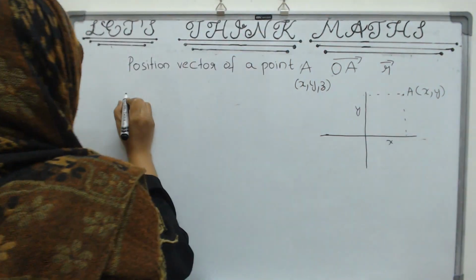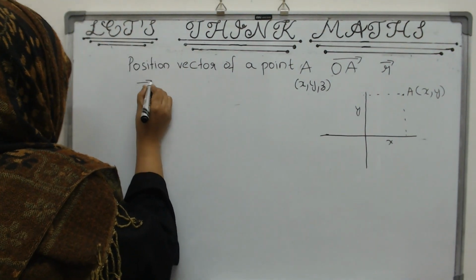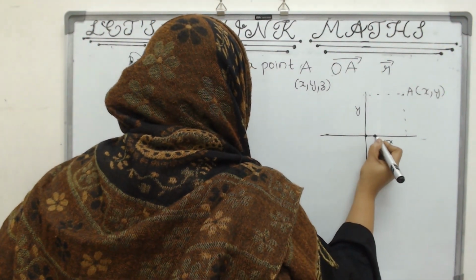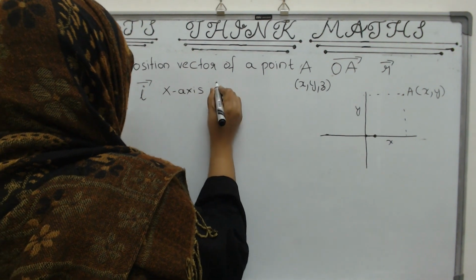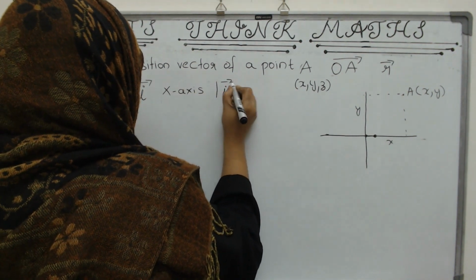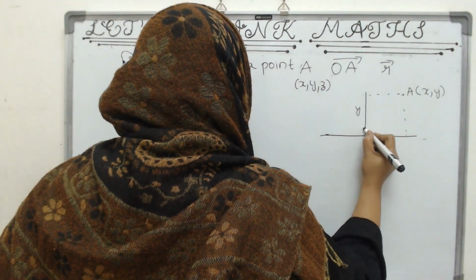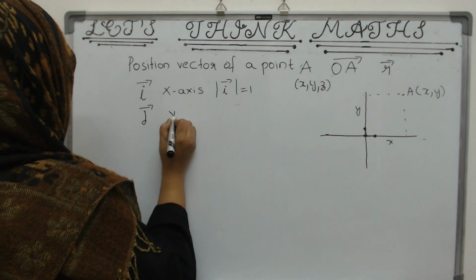So now, consider a unit vector i along the x-axis. It is a unit vector along the x-axis, which means its length is just 1 unit. Now, another unit vector, this time along the y-axis, called j.